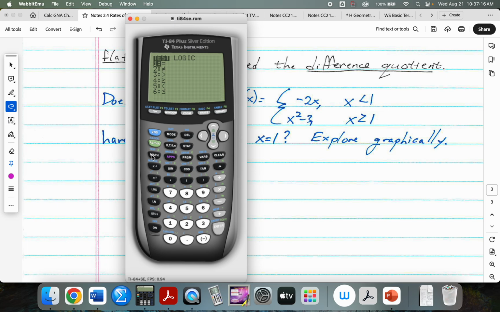What I want is I want x to be less than 1. What this will do is if x is less than 1, it returns a 1, so you're dividing by 1. If x is not less than 1, it returns a 0, so you're dividing by 0 and it's undefined. So it won't graph it.